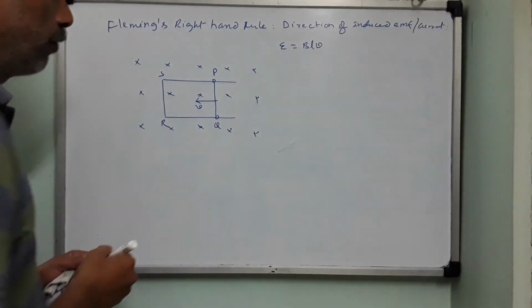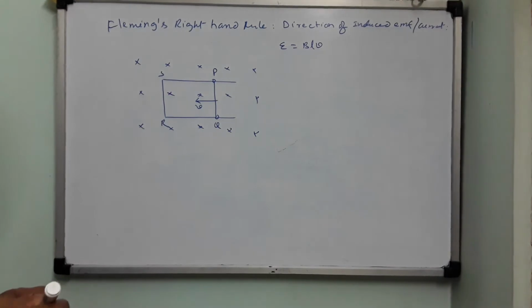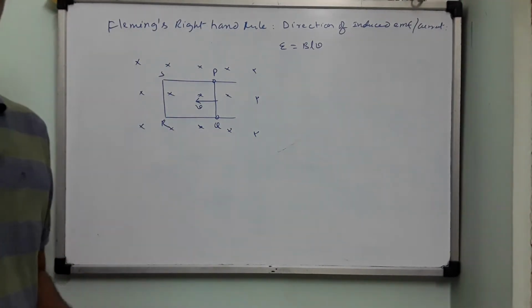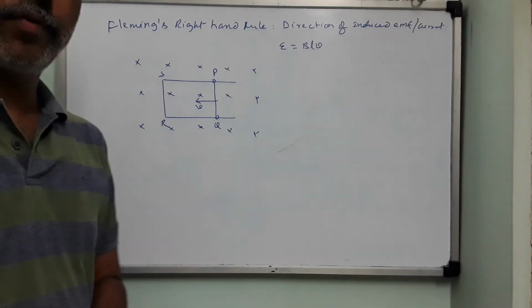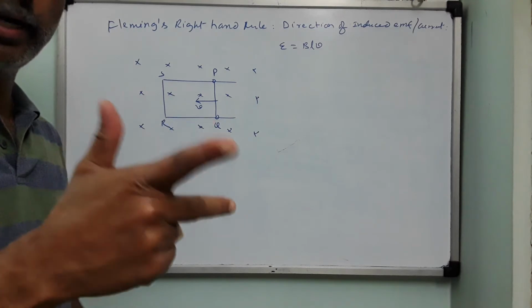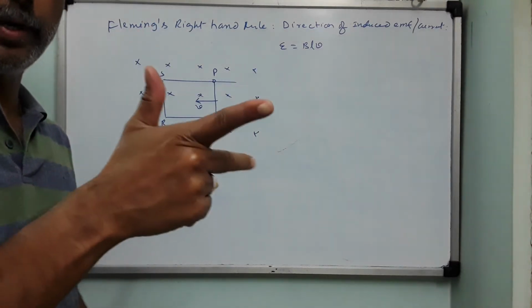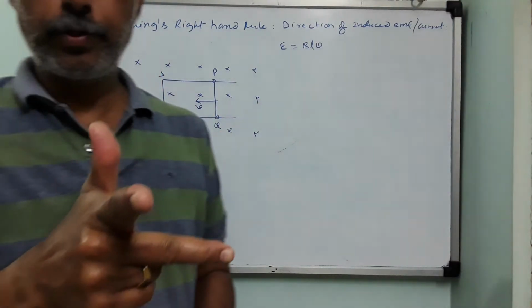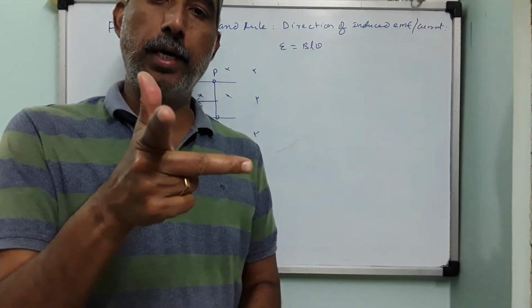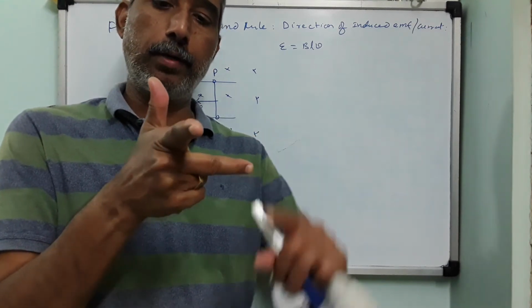Now we would like to give the direction of this current, clockwise or anti-clockwise, using Fleming's right hand rule. The rule is the same as Fleming's left hand rule. Stretch the first three fingers of the right hand such that they are mutually perpendicular.